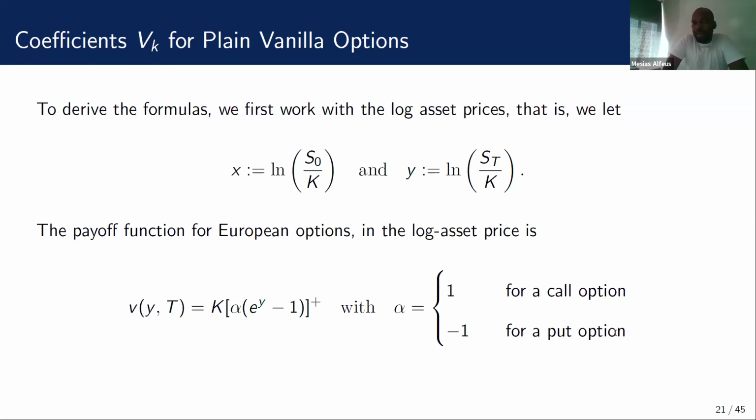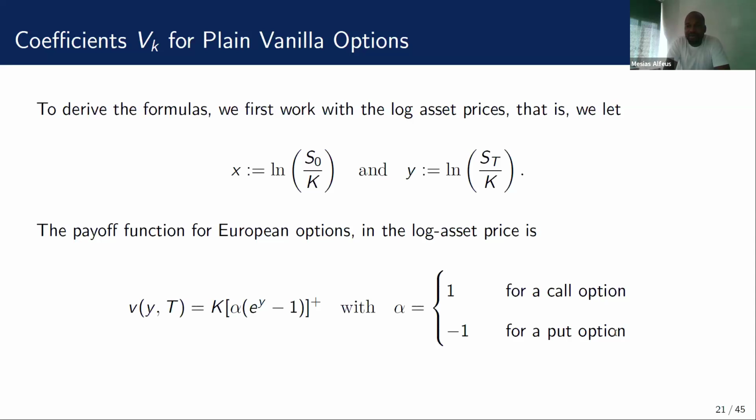And before we do that, we work with the log of the stock price or the asset price. So we are going to denote x as the log of S0, which is the stock price at T0.